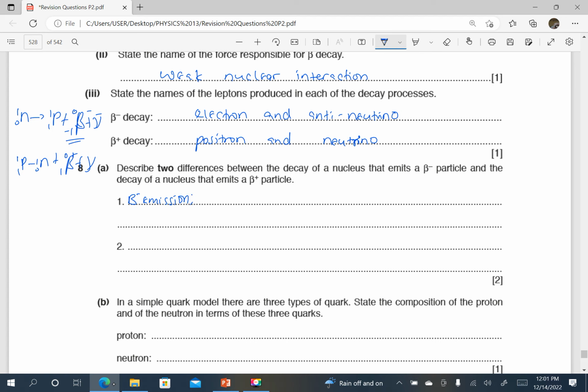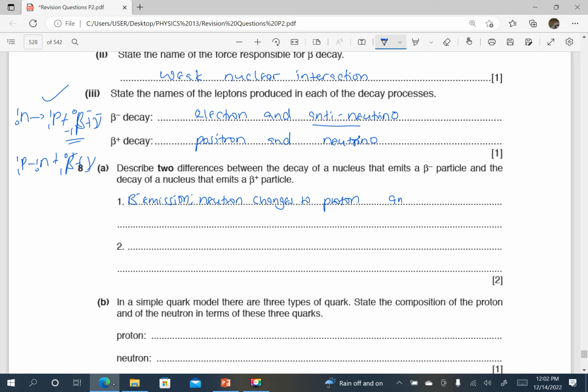We know that a neutron changes to a proton, and we have seen that an antineutrino is accompanied.